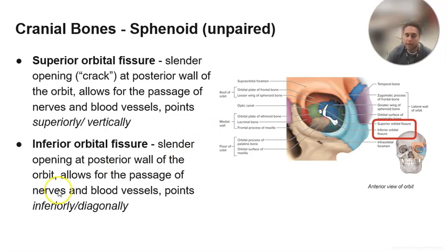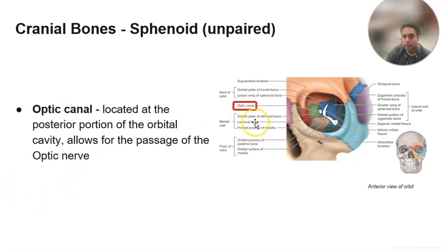This allows for the passage of nerves and blood vessels, and is found on the posterior wall of the orbit. Again, the optic canal is the small canal over here. It is located on the posterior portion of the orbital cavity, and allows for the passage of the optic nerve, which allows for vision to happen.